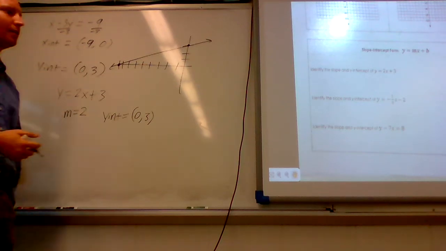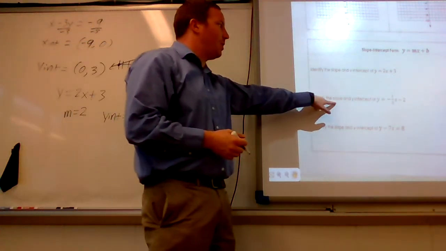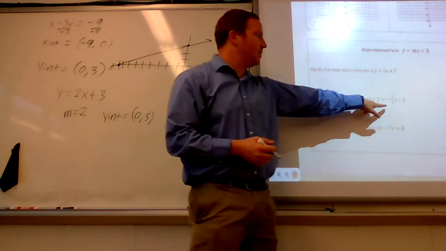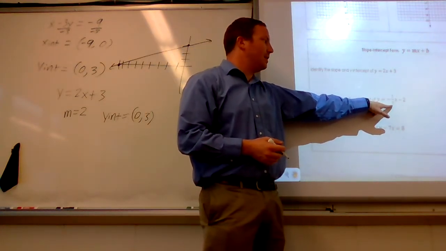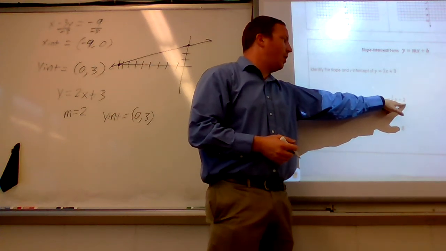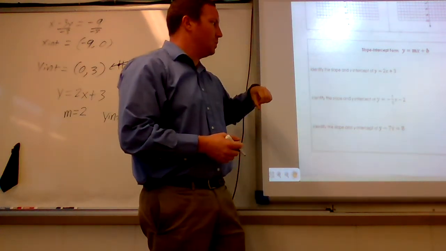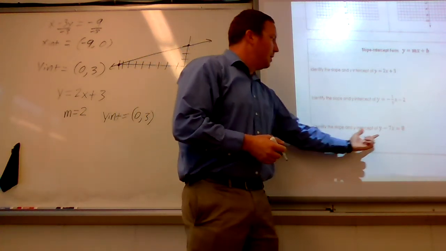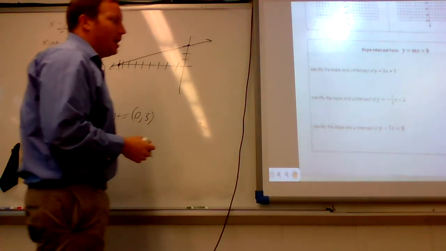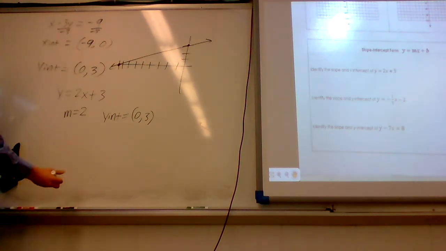And again, same thing for our next one. Identify the slope and the y-intercept. Our slope is the coefficient that goes with x, so negative 1/5, and our y-intercept, negative 2, or the point 0, negative 2. This one, they put it in standard form, so we have y minus 7x equals 8.